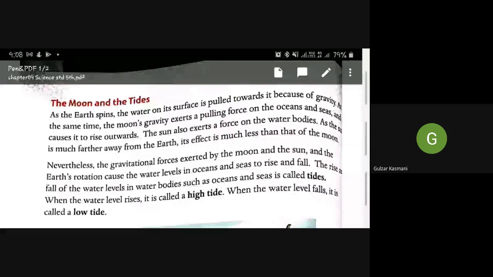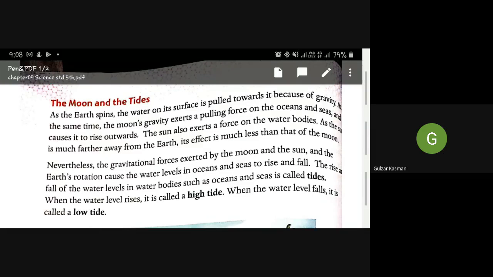The sun also exerts a force on the water bodies, but as the sun is much farther away from the earth, its effect is much less than that of the moon.